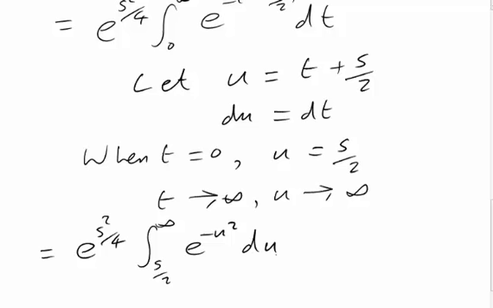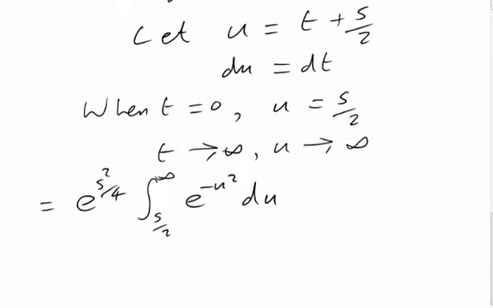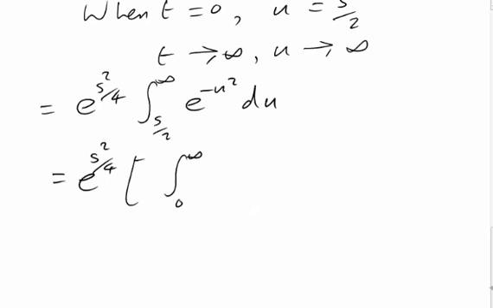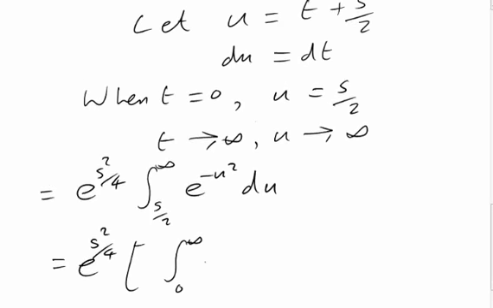Now that doesn't quite look like our top integral, does it? Because the top integral that I wrote down right at the beginning has 0 for its lower limit. So why don't we write this slightly differently? Still the exponential at the front. Let's put 0 on for the bottom limit. But now what I've written is not quite right, because I've included some extra bits in the integral, and I need to take those off.